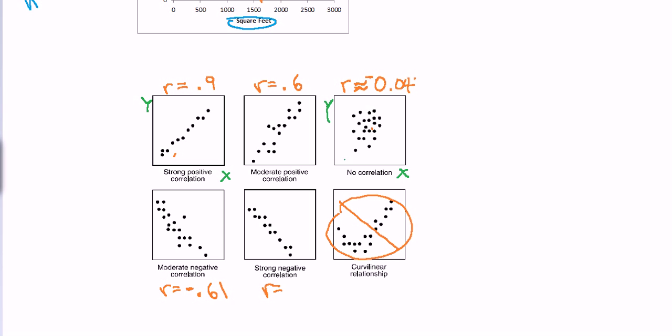Okay, what will the correlation coefficient be here? Sign, direction, negative, and it's stronger than this guy. It's about as strong as this first one, maybe a little weaker, but in the opposite direction. So I would say negative 0.85 would be a good guess here.